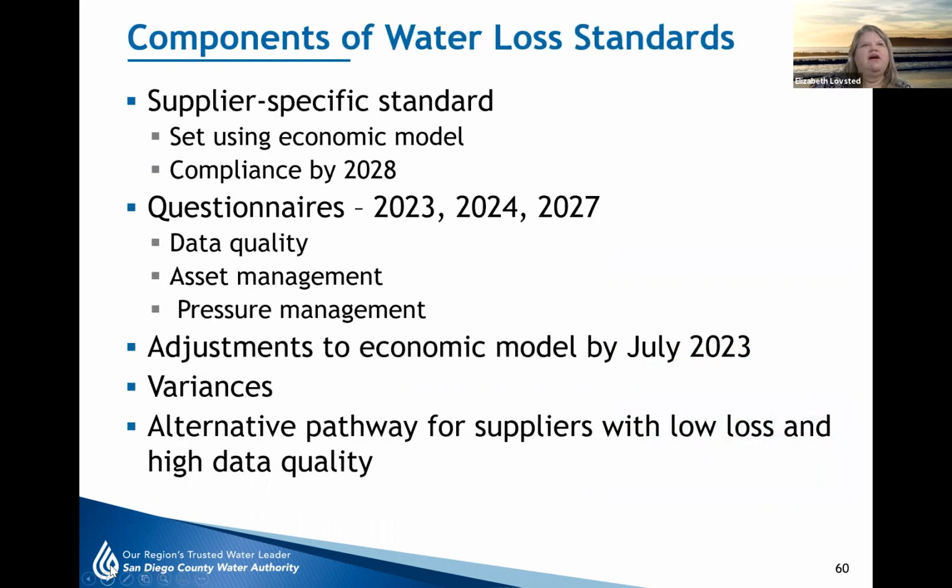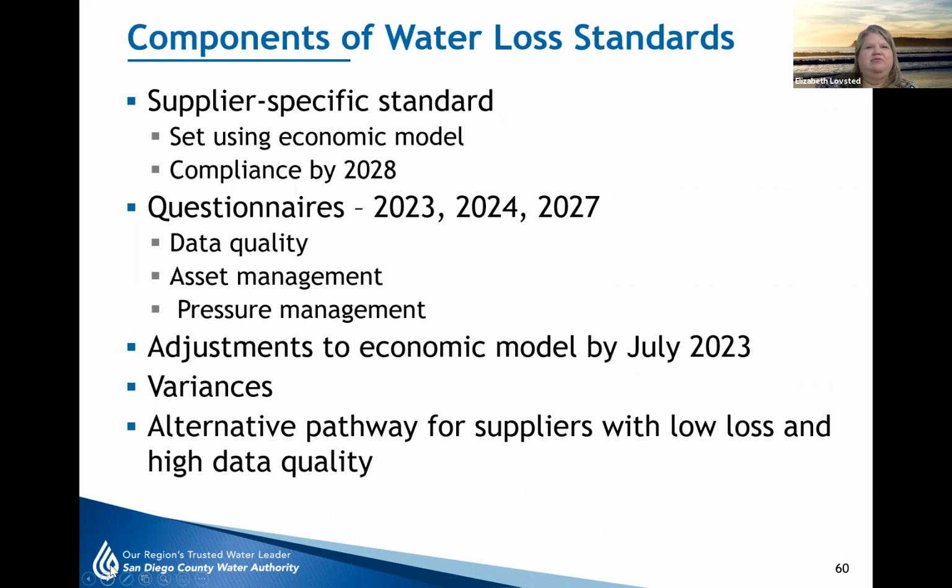So the components of the water loss, there's several different components. First is a supplier specific standard. That's going to be set using an economic model, and you have to be in compliance by 2028. In addition to that standard, there are also going to be questionnaires on data quality, asset management, and pressure management. You can do adjustments to the economic model. You can put in your own information currently. In fact, we're encouraging everyone that has any user-specific data available to put it in their model now and see if it changes their standard.